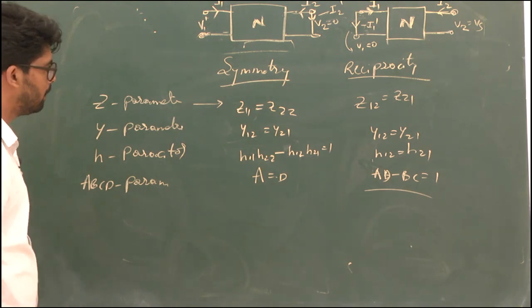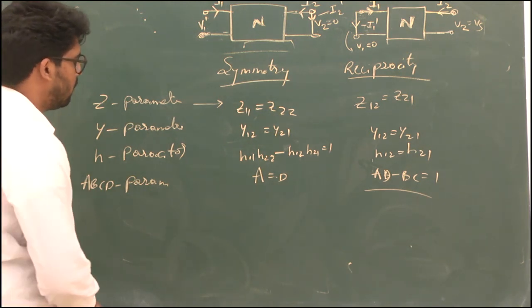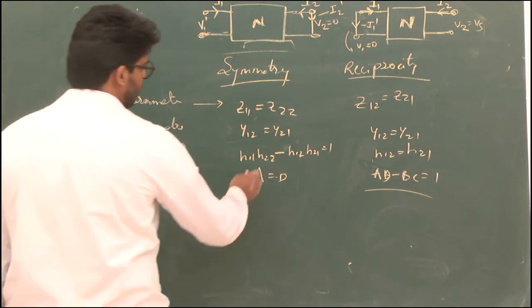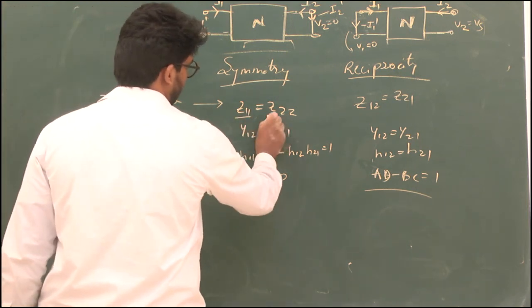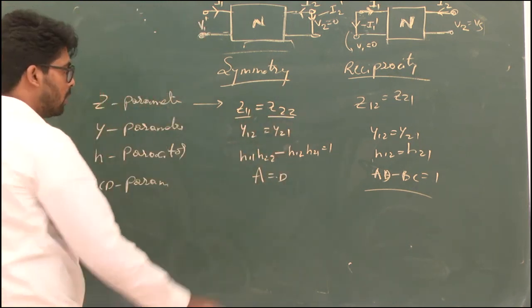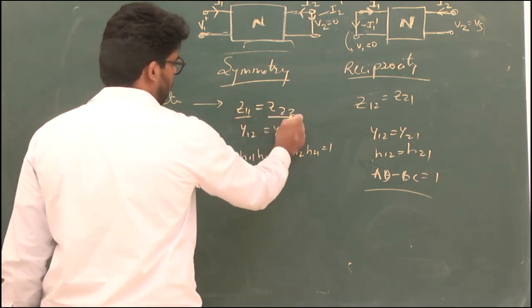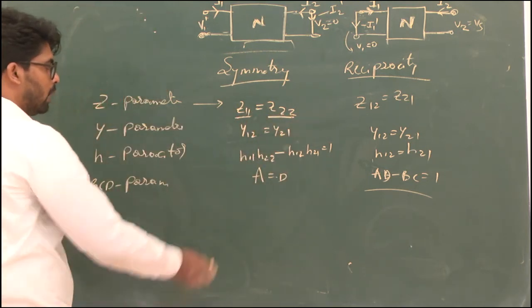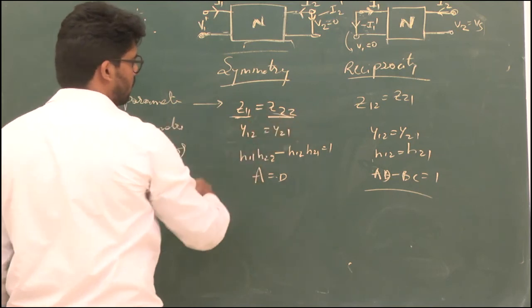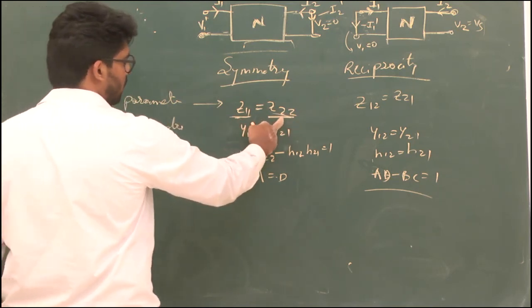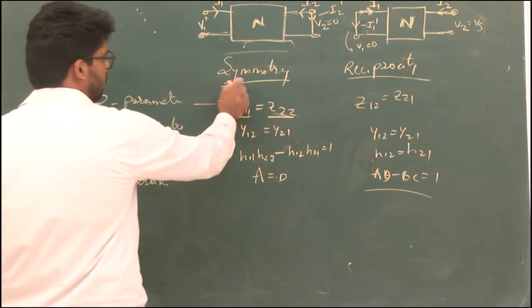For Z parameters, you can memorize like this: input and output responses. If the input impedance and output impedance of a Z parameter are equal, it is symmetry.